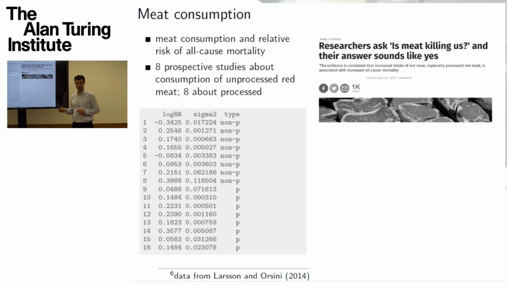The relative risks are relative in the sense that you measure the risk of a high consumption versus a low consumption group for every type of meat. And you collect all this data from systematic reviews. These are given in this paper in the footnote. And then you want to say something about the difference in relative risk between processed and non-processed meat.